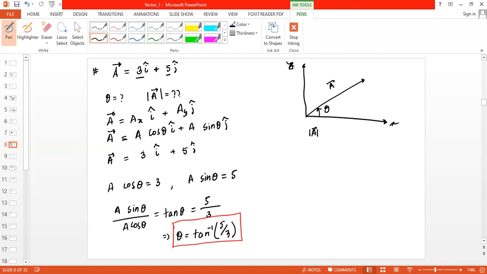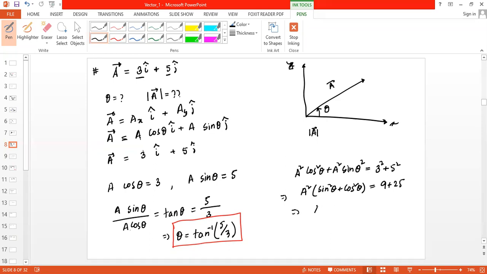So what I can do, I can write A square cos square theta plus A square sin square theta. And this is basically equal to 3 square plus 5 square, or this means A square. I can take common sin square theta plus cos square theta equal to, this is like 9 plus 16, 25.